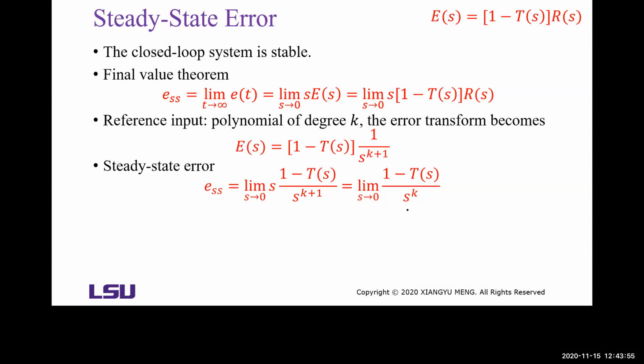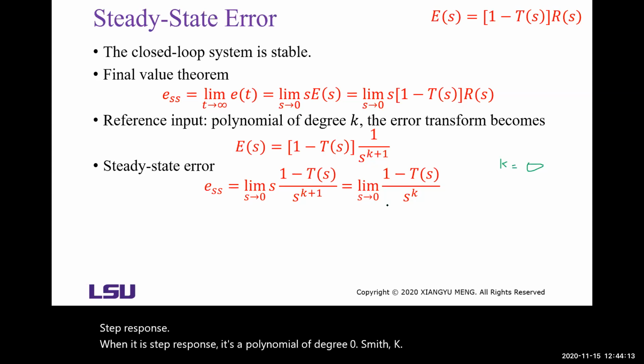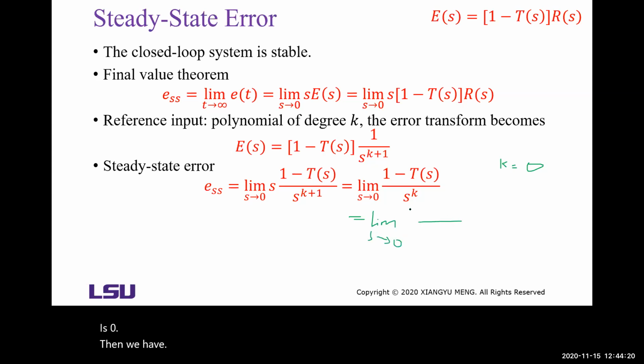Similarly, let's consider the step response. When it is a step, it's a polynomial of degree 0. This means k is 0. Then s to the power of 0 is 1, and 1 minus T(s) will be 1 minus T(0).